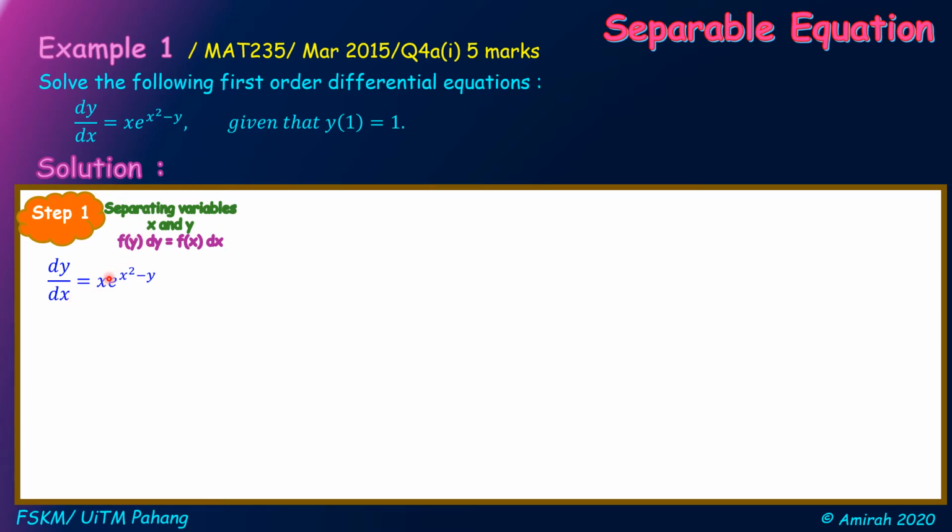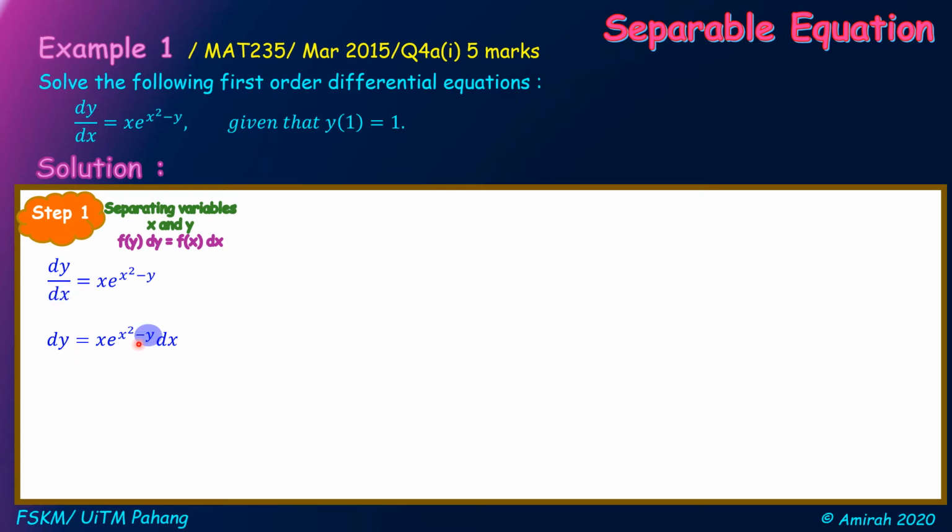To separate variable x and variable y, first we can move dx from the denominator to the right hand side, so we can write dy equals x e the power of x squared minus y times dx.